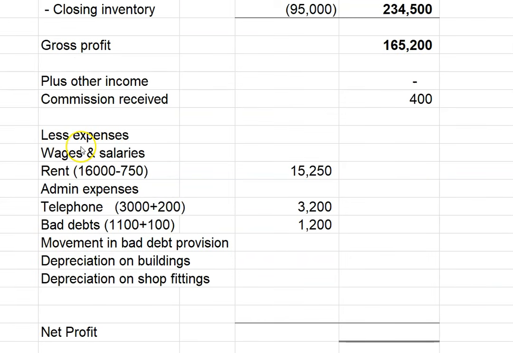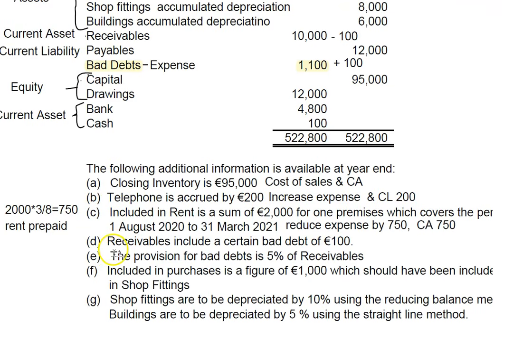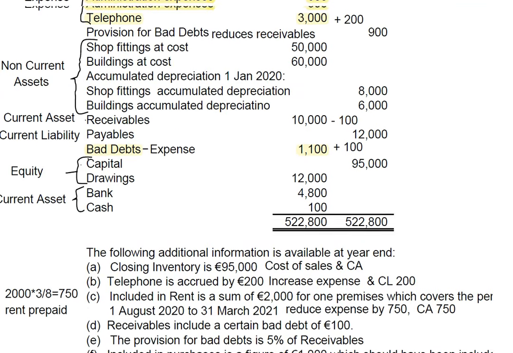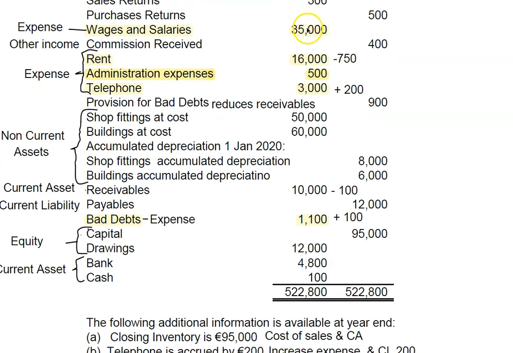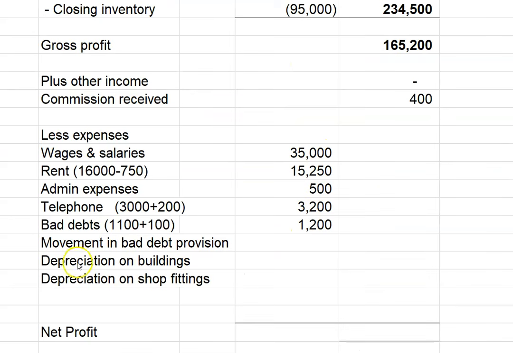And there were no adjustments to wages and salaries, no adjustment to admin, so I could just put those amounts in. Everything else is to do with purchases or depreciation. So I can come back here and put in the amounts for wages and for admin, 35,500. And that leaves me with the last 3 expense items, which are in the adjustments.